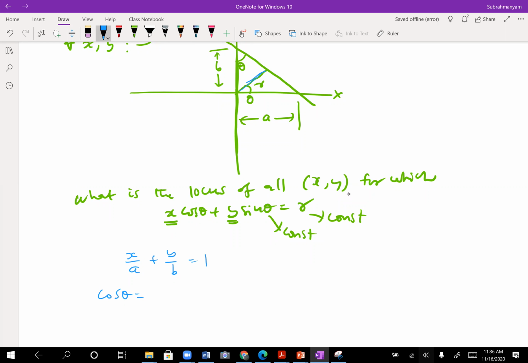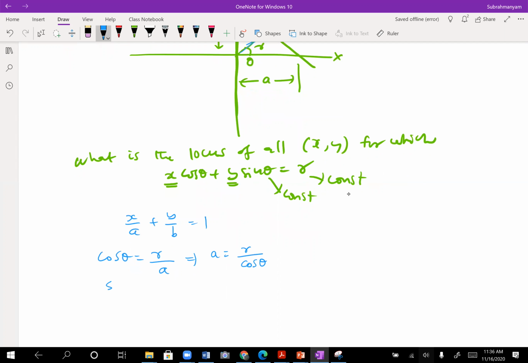So cos theta equal to adjacent by hypotenuse. This is 90 degrees, by the way, and this is 90 degrees. So cos theta, adjacent line is R, by diagonal is A. That implies A equal to R by cos theta.